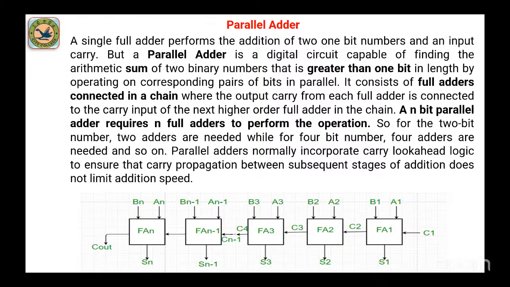For a 2-bit number, 2 adders are needed, while for a 4-bit number, 4 adders are needed, and so on. Parallel adders normally incorporate carry lookahead logic to ensure that carry propagation between subsequent stages of addition does not limit the addition speed.